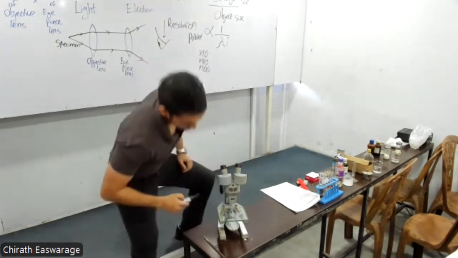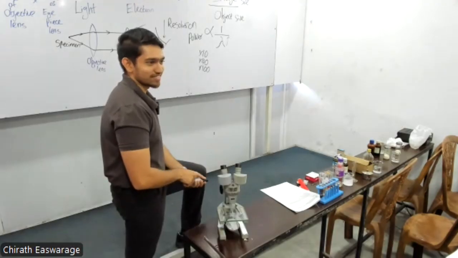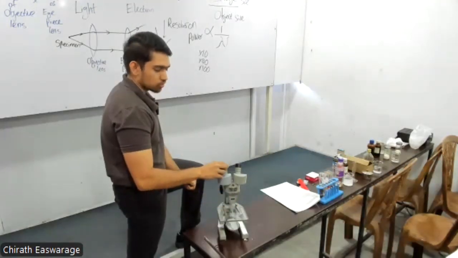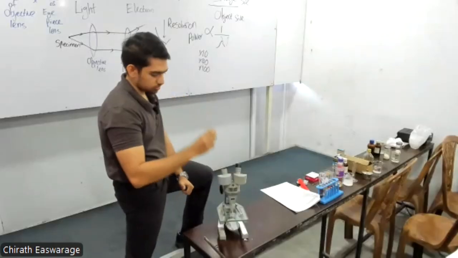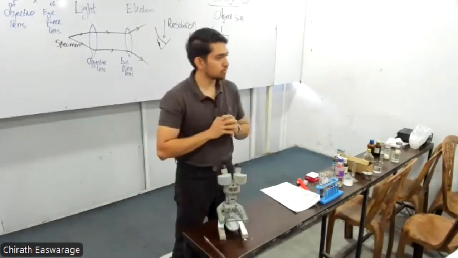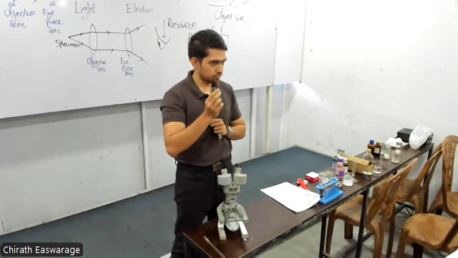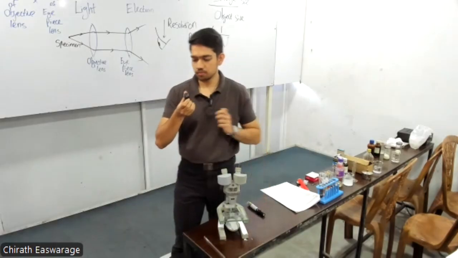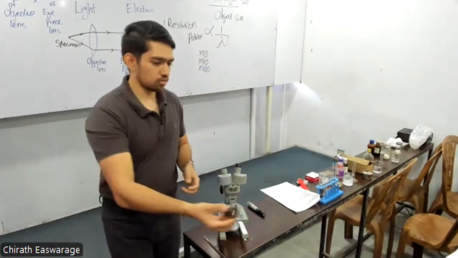But in this case, there's only a 3-times magnification objective lens. So I told you, this is the eyepiece, right? This is where you keep your eyes. You can take them out and pass this around.